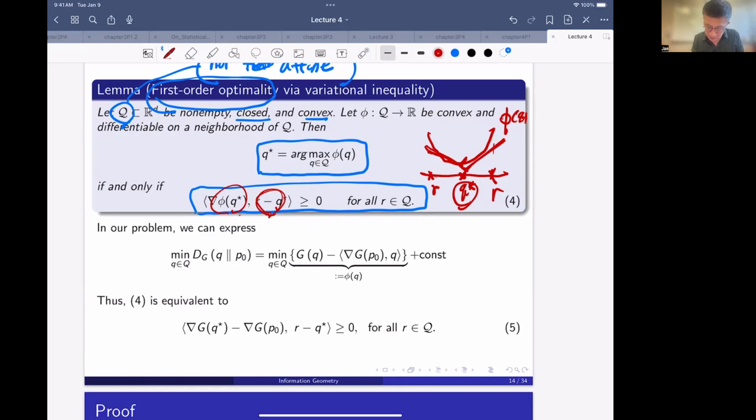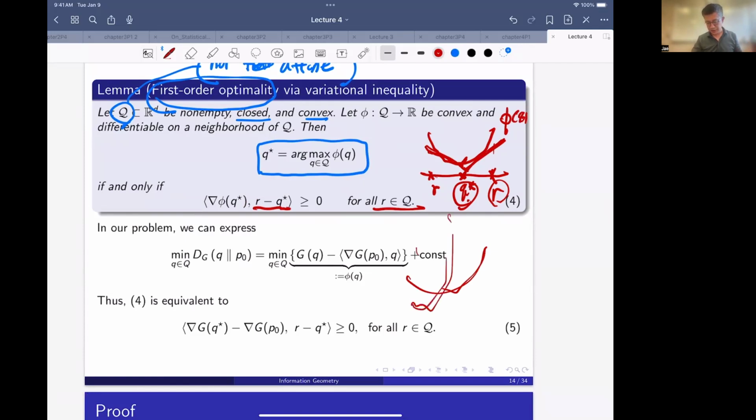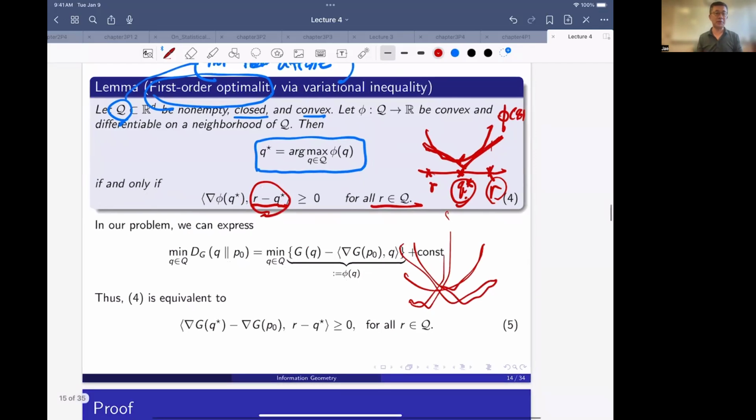Because r minus Q will be positive, and this slope will be positive. So that means this one is indeed okay. This is what I mean: you can think of any direction, r minus Q star. It's basically convex, so as long as it's convex, you can cut any line, and then it should be positive.